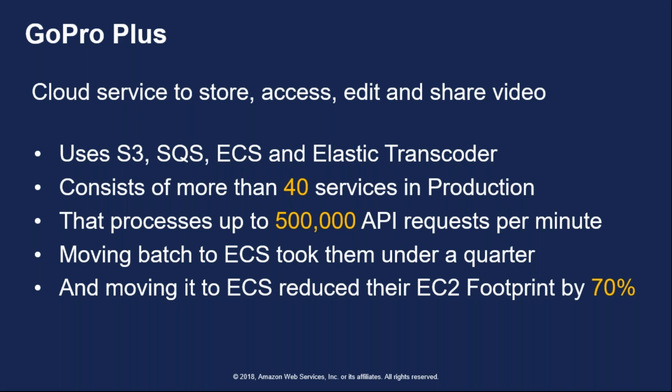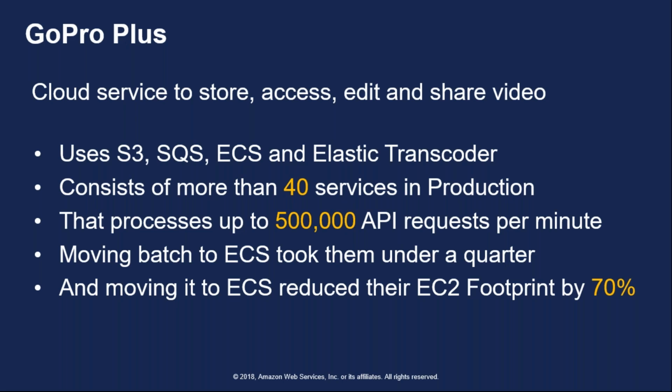Their ECS infrastructure consists of more than 40 services in production that process up to around 500,000 API requests per minute. Moving a batch to ECS took them under a quarter, and moving to ECS reduced their EC2 footprint by 70%.